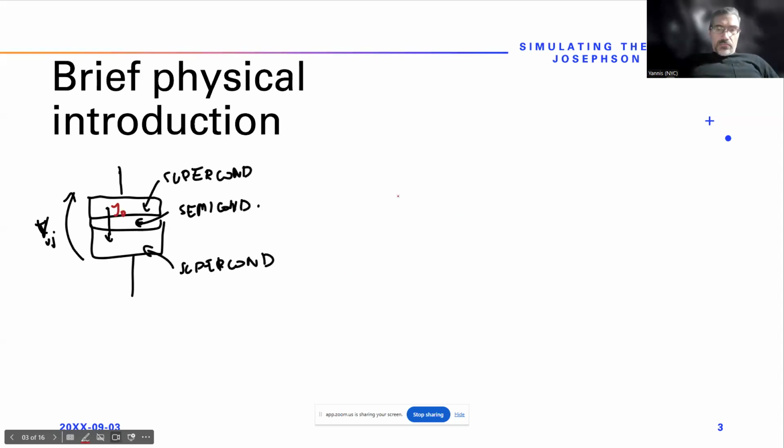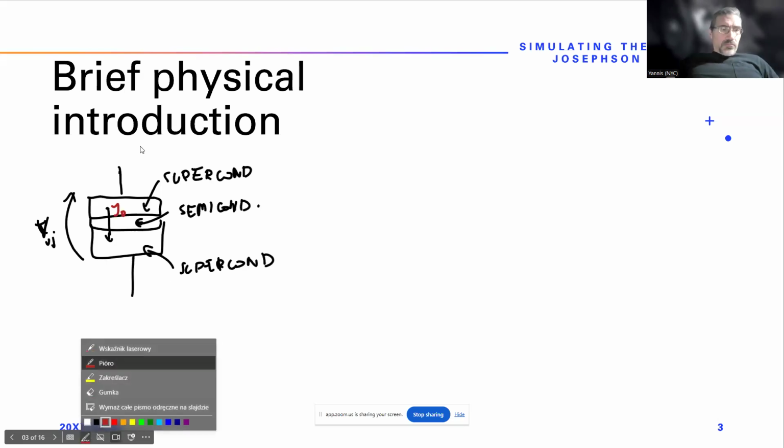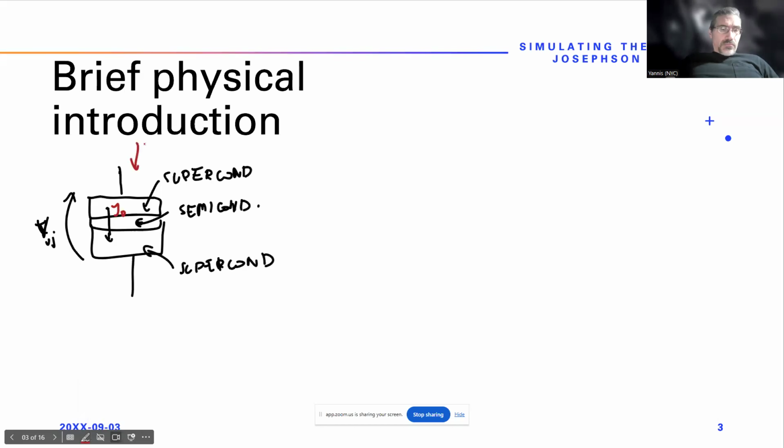But let's suppose we apply some input current from this side here, and let's say it will be a square impulse like this. And this provokes two responses across the Josephson junction.